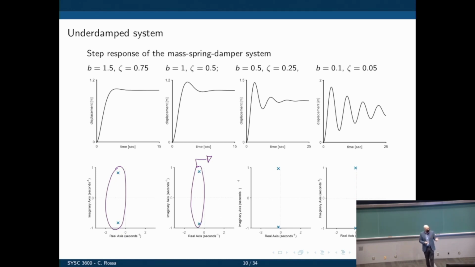And then the underdamped system, the damping ratio is smaller than 1, but greater than 0. And you see these oscillations. But again, because the poles are still on the left side of the S-plane, the exponentials converge, they decay, they die off to 0. Are there any questions so far?